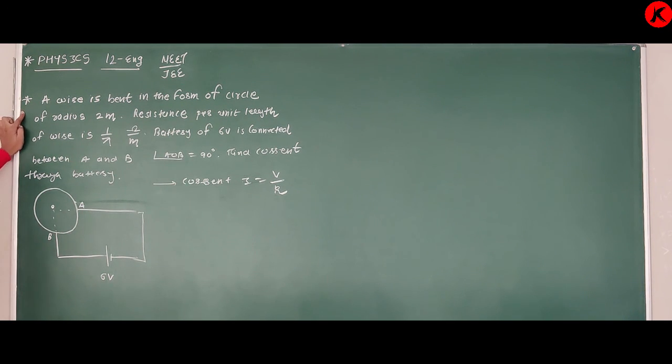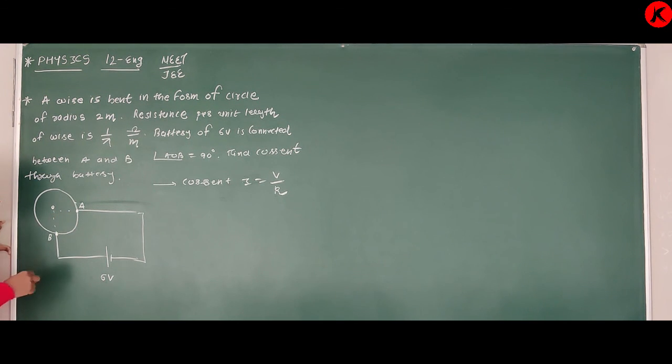a wire bent in the form of a circle of radius 2 meter. Resistance per unit length of wire is 1 upon pi ohm per meter. Battery of 6 volt is connected between A and B. Here it is A and here it is B. So as the battery is connected between A and B, this circle we can divide in 2 parts.